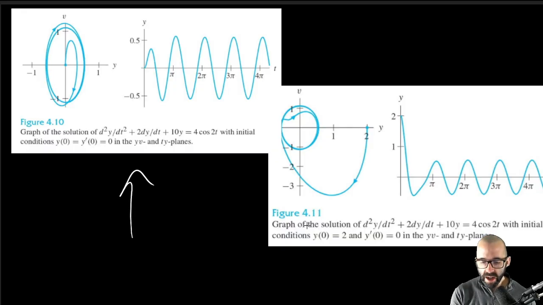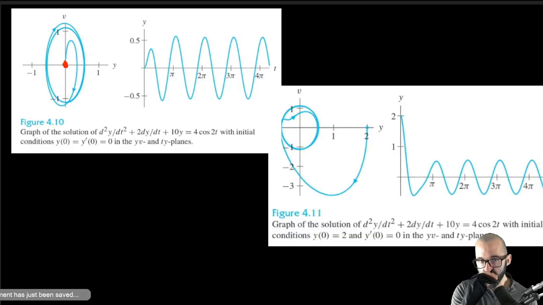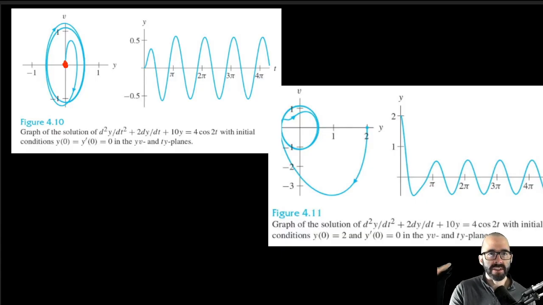Now notice right off the bat, we see two things that we have not seen in all of chapter 3. Here we have an initial condition that says we are starting completely at rest. This is a forced harmonic oscillator with sinusoidal forcing function. So think about this as a spring that has a sinusoidal force being applied to the object.